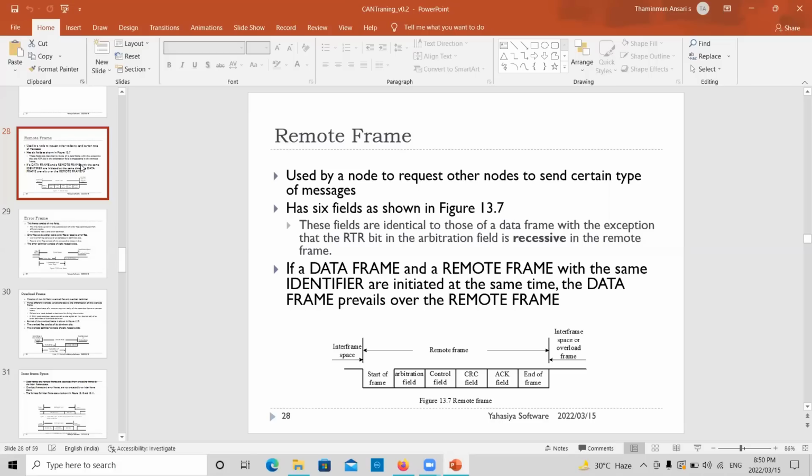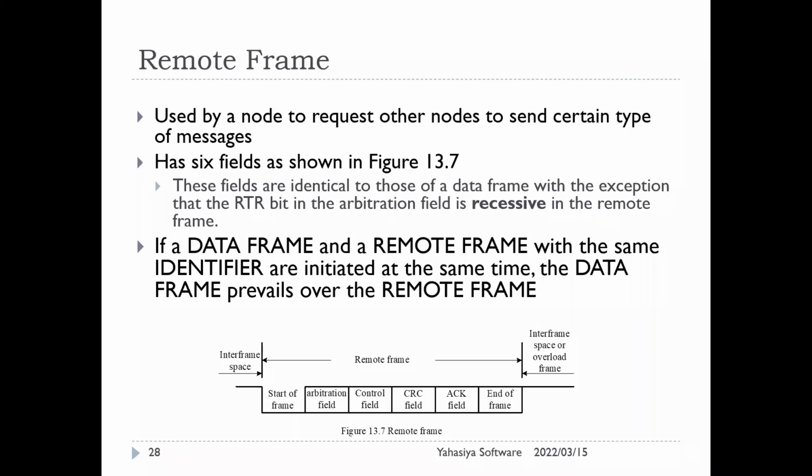When you look at the frame structure of the remote frame, it is like this. It has a start of frame, which is usually an active low signal. After that, the arbitration field with the identifier, then DLC and other fields, and the CRC field. See, there is no data field. Then it immediately goes to the acknowledgement field and end of frame.